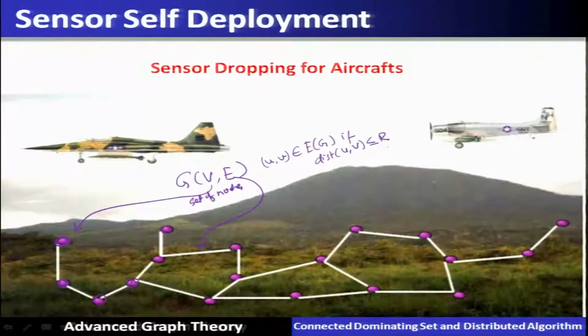R is the maximum transmission range. This graph we call the unit disk graph. The graph which is formed after the deployment of the nodes is called a unit disk graph, and the nodes will operate for a particular application on the field.